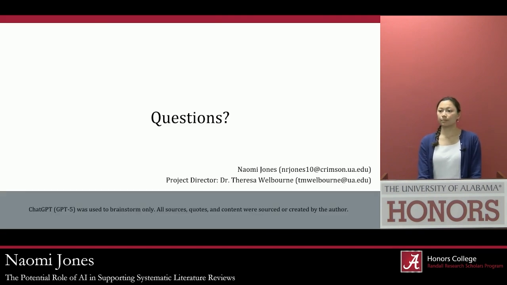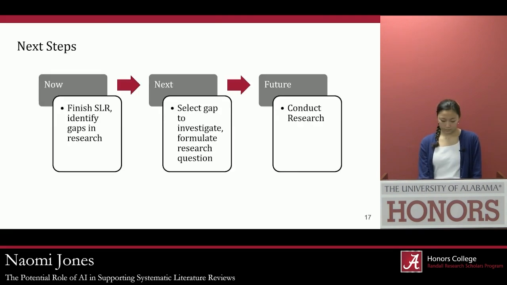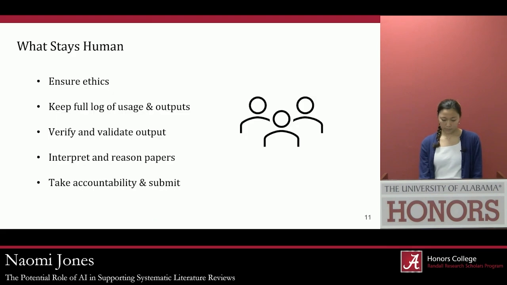Questions? Can you go back to slide 11, please? Yeah, so you said something there that caught my attention. I'm asking this in the context of, say, a PhD student going through the initial phase of their research, and it's that fourth bullet, the interpret and reason papers. I think you argued that that's still a valuable thing for the humans to do. Part of the process in the old days was the process itself, the journey of going through all that and getting exposed to all those things versus just the result.